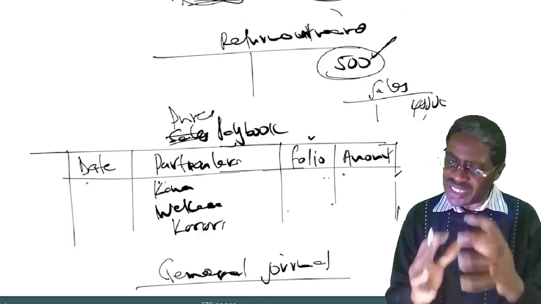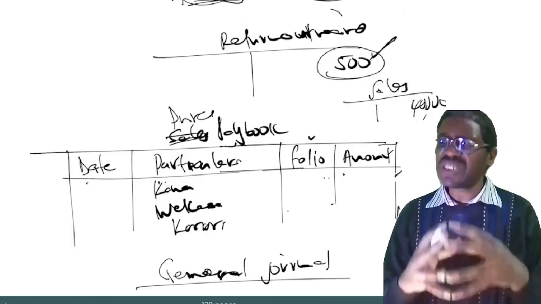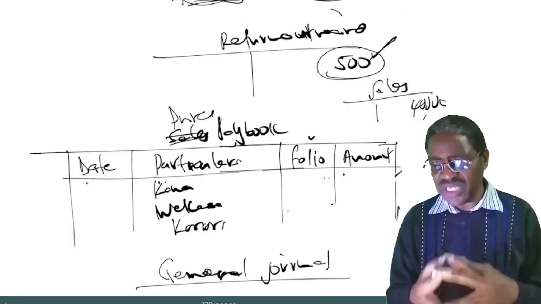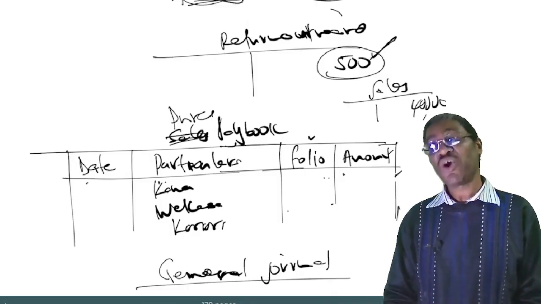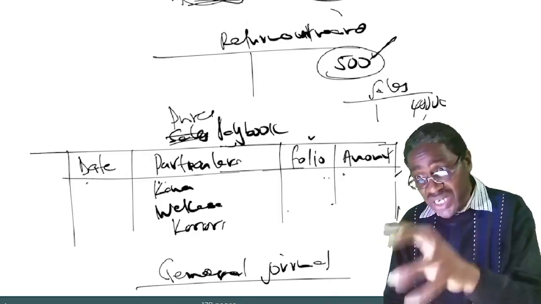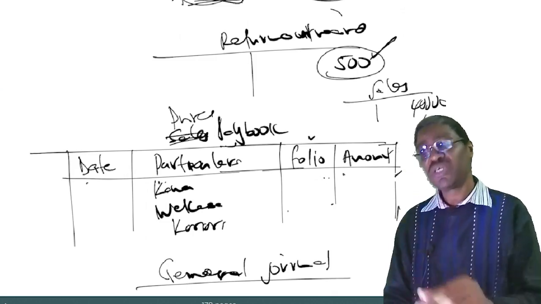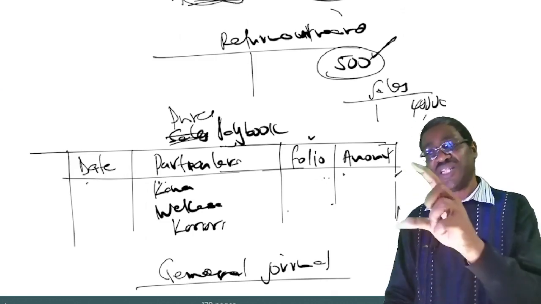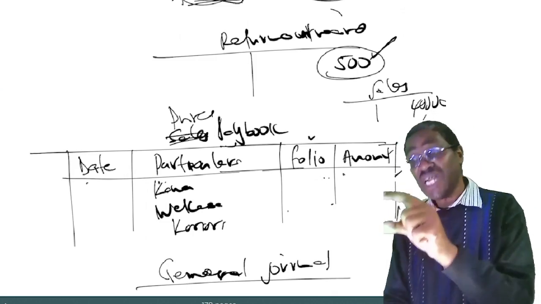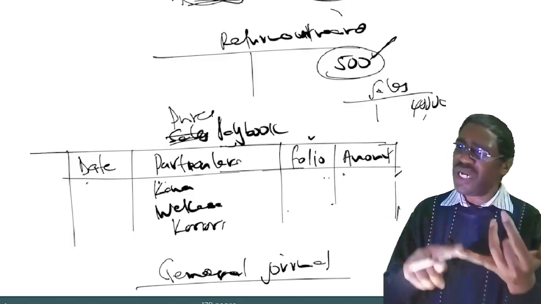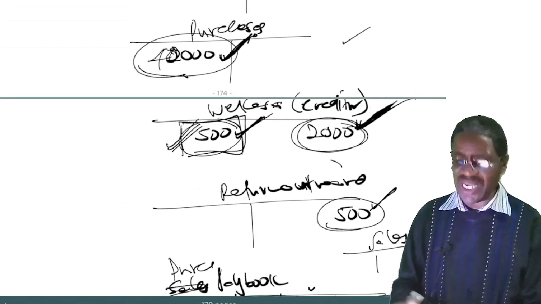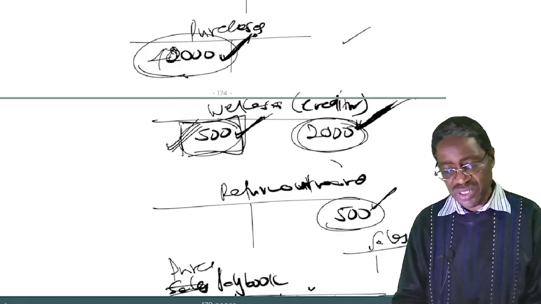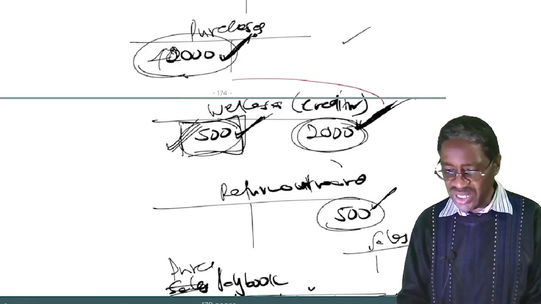That ledger that contains the accounts of all your creditors, we call it the creditors ledger. We also call it the purchases ledger. So page 1, you will find this account of Wekesa as a creditor. You will find this account of creditor called Wekesa.